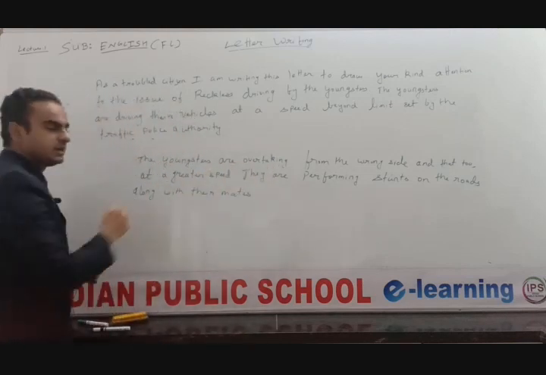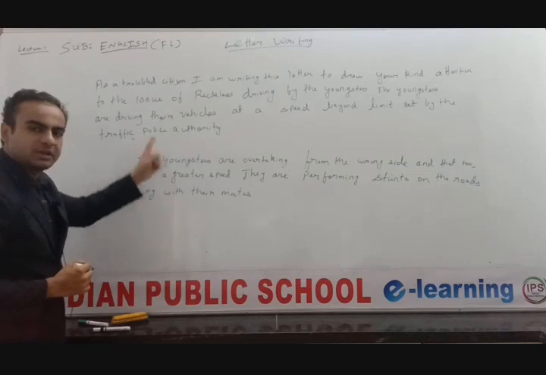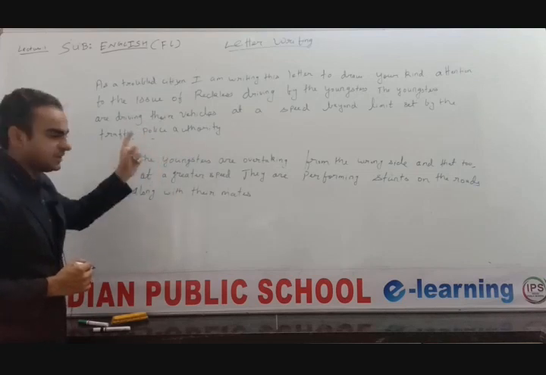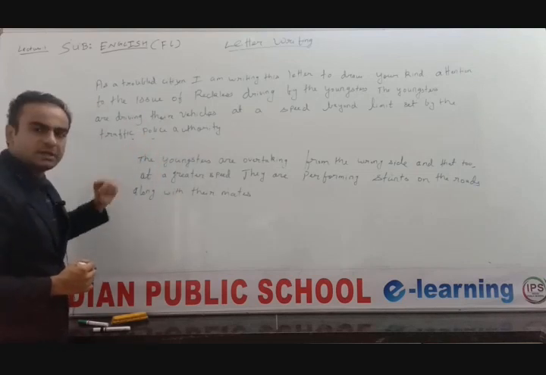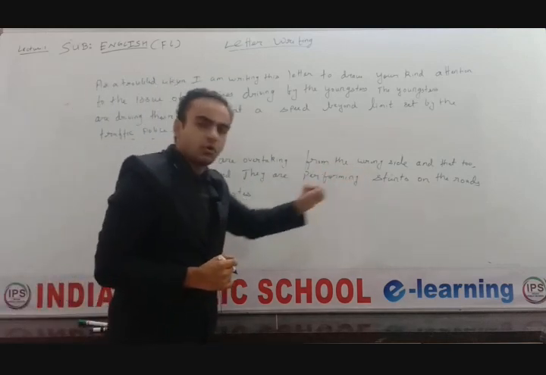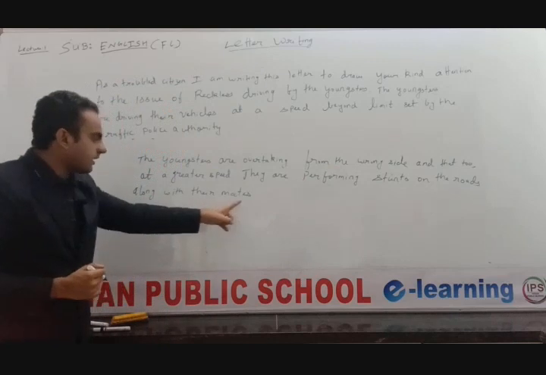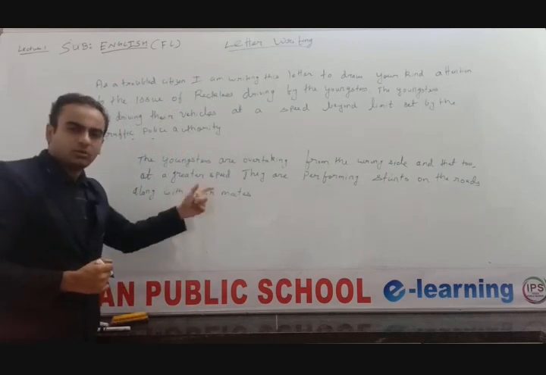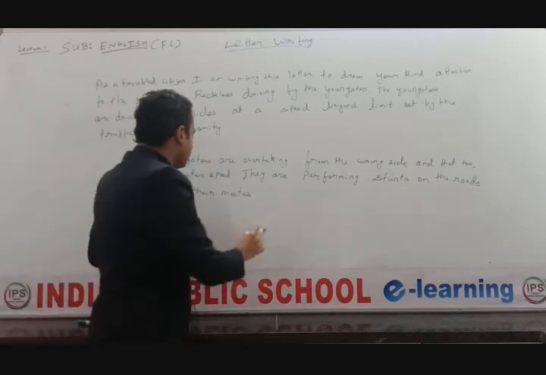You are elaborating the issue, you are clearly explaining what you are facing. Then only the editor can write something about the issue in his newspaper. They are performing stunts on the roads along with their mates, their fellow bikers or whoever it may be, the youngsters.